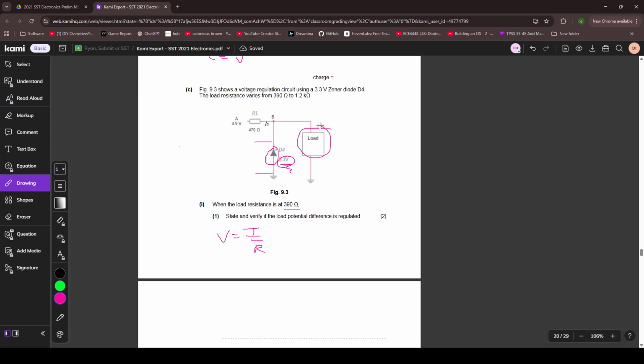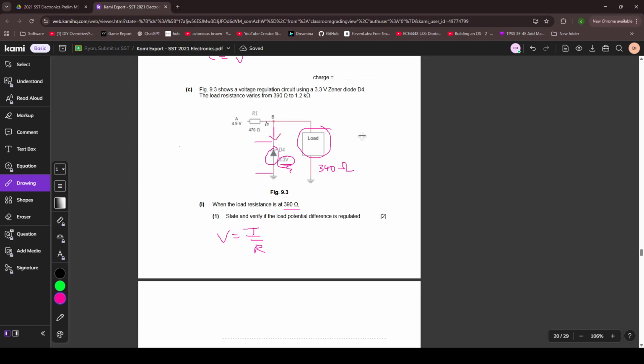I was looking at something else. When the load resistance is 390. Oh, you need to use the current divider circuit equation to find out the current here.